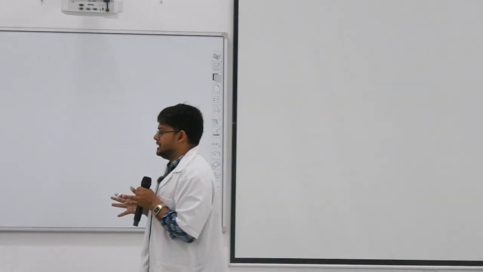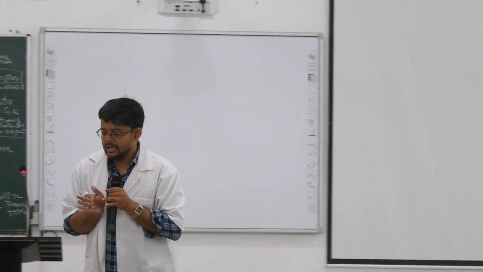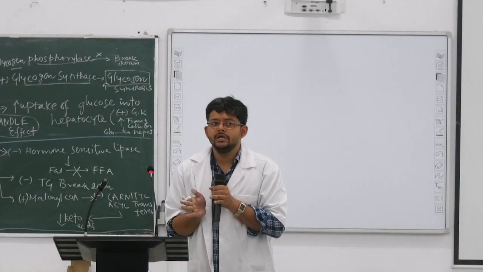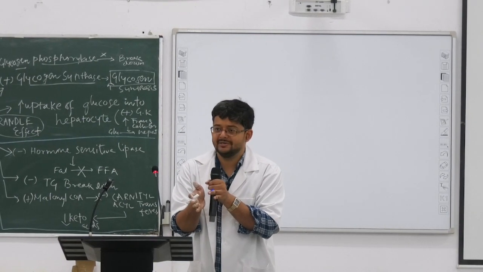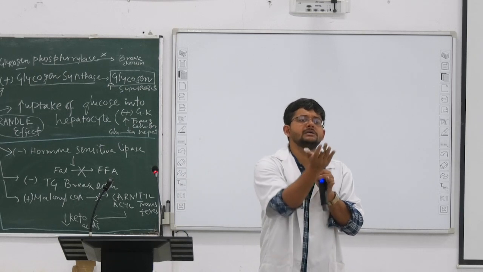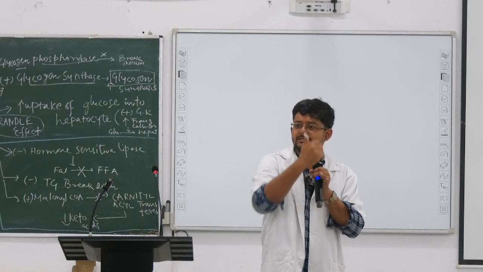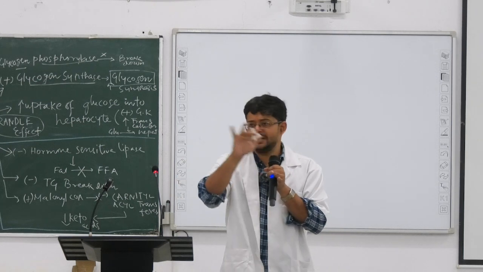There's an idea that free fatty acid and glucose in muscle both target the same substrate. So if we can increase free fatty acid utilization, glucose will not get the substrate. That's the idea basically.